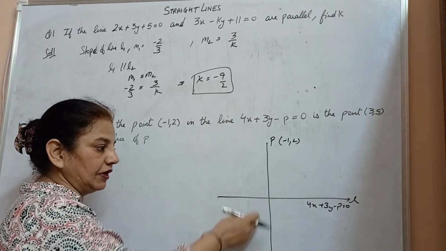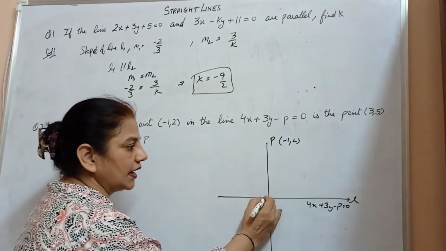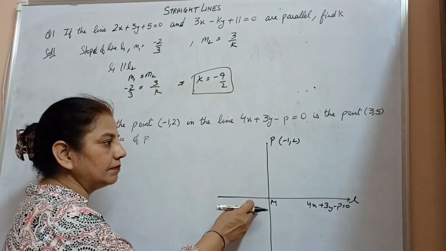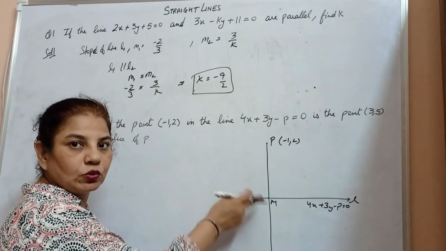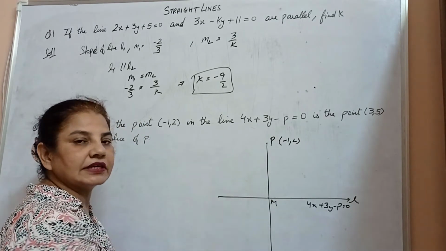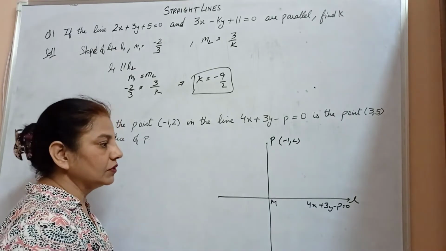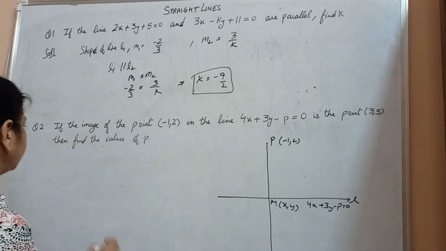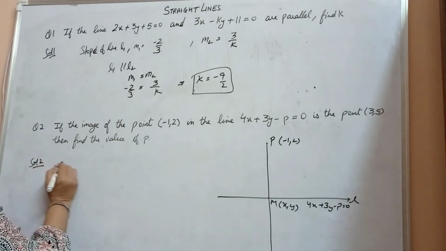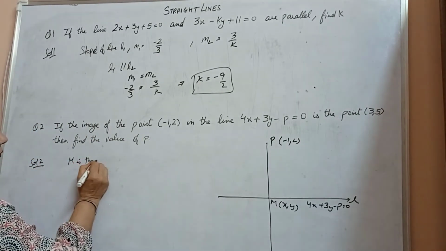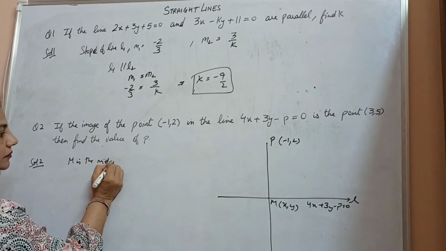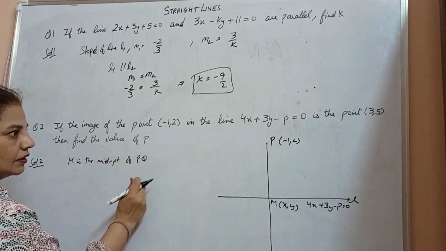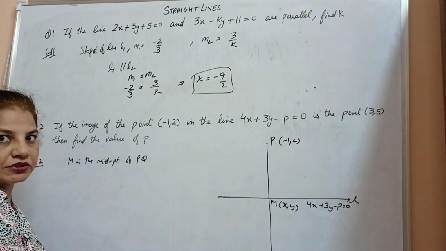As this PQ intersects the line at point M, and Q is the mirror image of P, therefore we can say M is the midpoint of PQ. So we say let the coordinates of M be x, y. M is the midpoint of PQ, where P is the point and Q is the mirror image of this point.